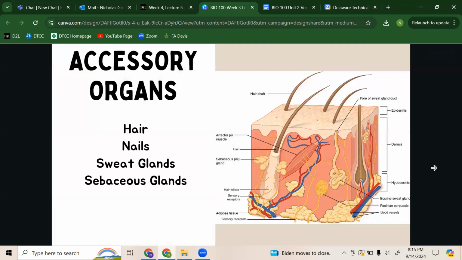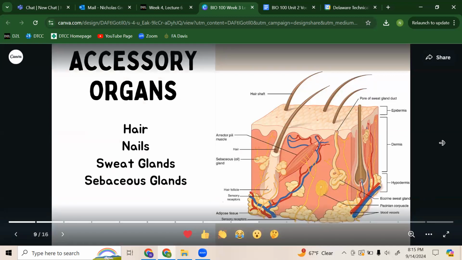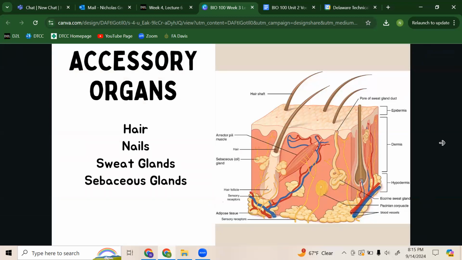Okay. The hair, the nails, our sweat glands, and our sebaceous glands, which are our oil glands, are all considered accessory organs. Our hair has a few different sections to it. The part that's above the surface is the hair shaft.